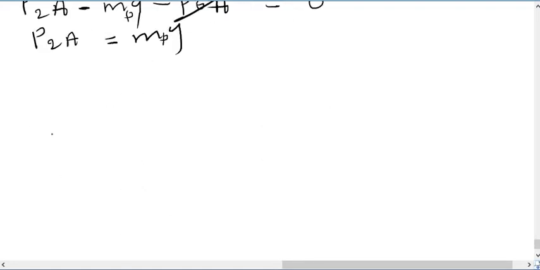So now what is P2? P2 is equal to mass of the piston times acceleration due to gravity over area.